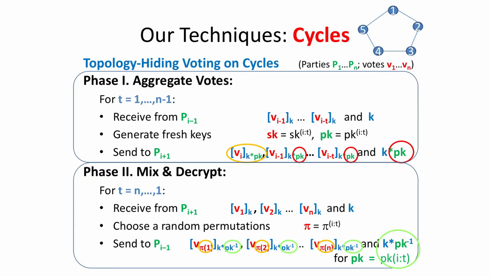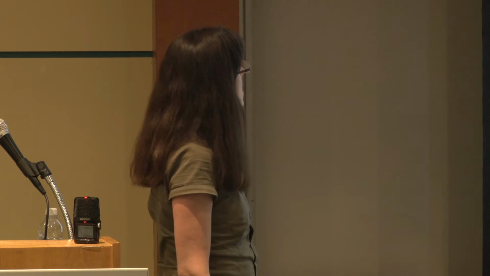After doing that for n ticks, you get a plaintext vector, a list of all votes in some shuffled order, so that if there's even just one honest player along the cycle, you cannot trace each vote to the original voter. So that's the cycle. I'm not going to say anything about the proof due to time constraints, but we prove it in simulation-based definitions, etc.